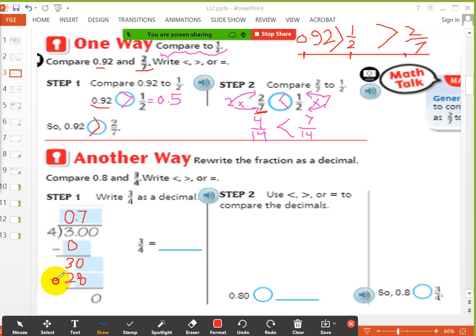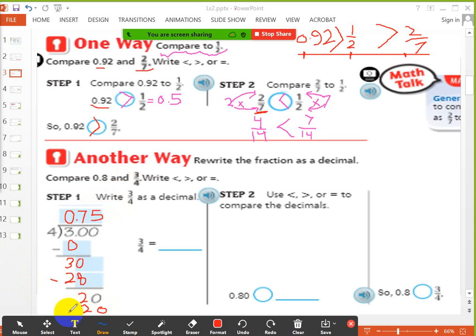30 minus 28 equals 2. Now I will take the 0 and put it next to the 2, so it will be 20. Now 20 divided by 4, what is the number that I will multiply with 4? It will be 5. 5 multiply 4 equals 20.